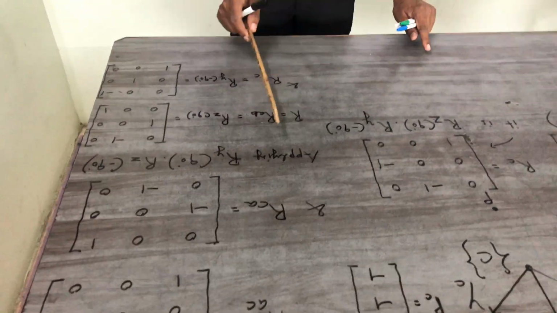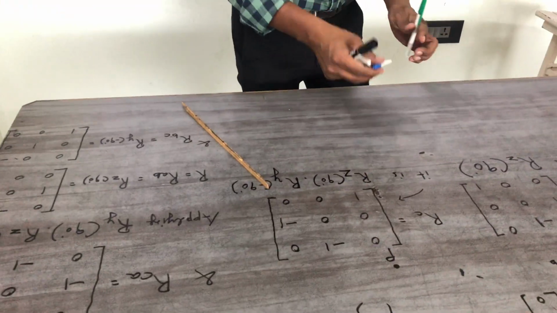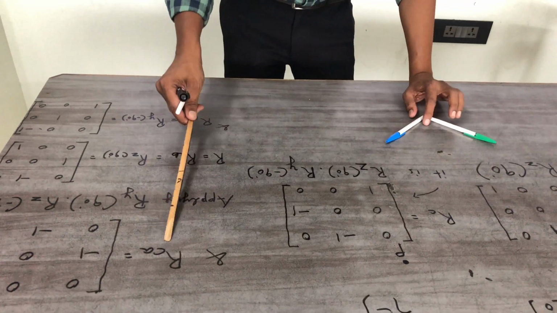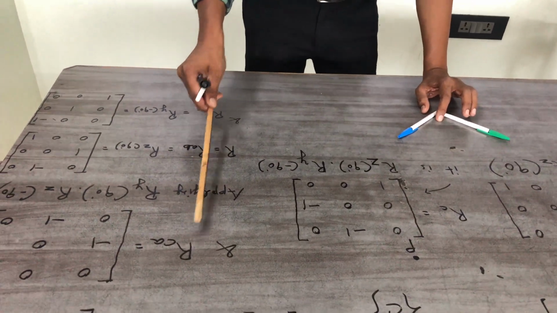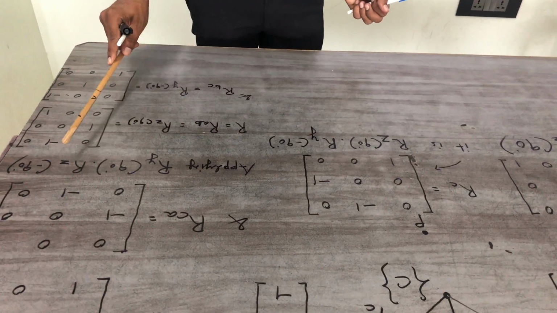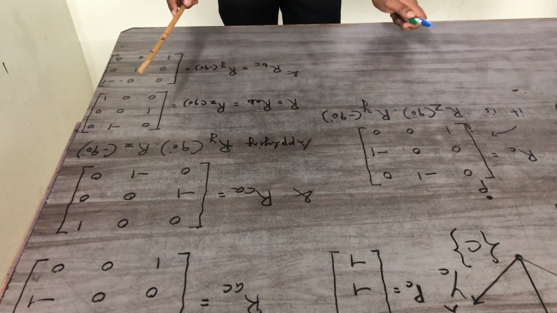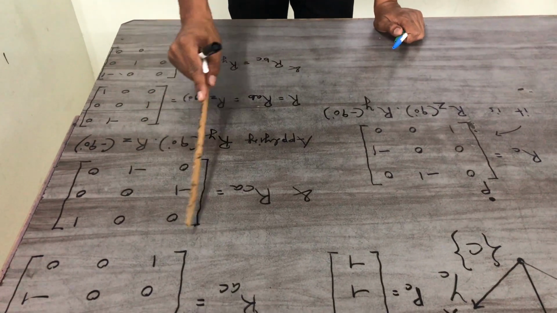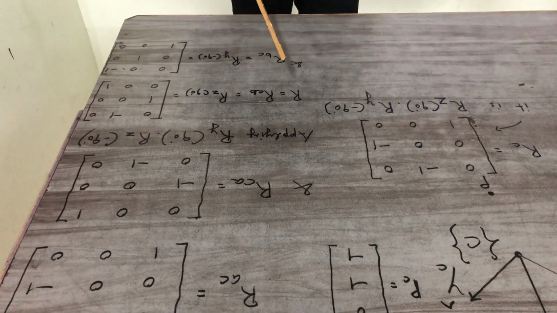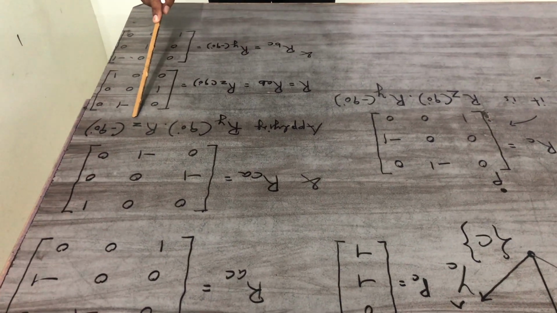RCA is the orientation of A with respect to C. So we have to apply RY90, RZ minus 90. Applying RY90 into RZ minus 90, we get 0, 0, 1, minus 1, 0, 0, 0, minus 1, 0.